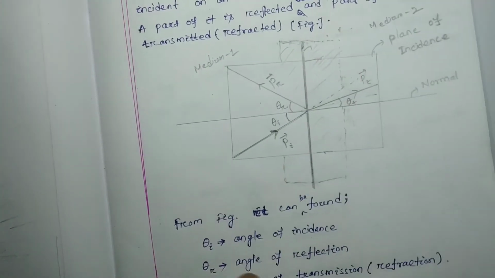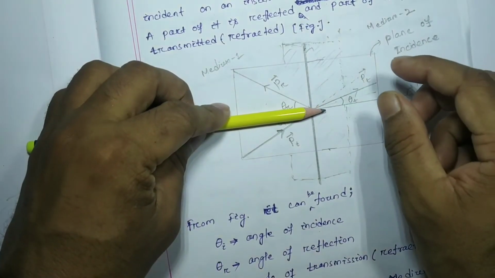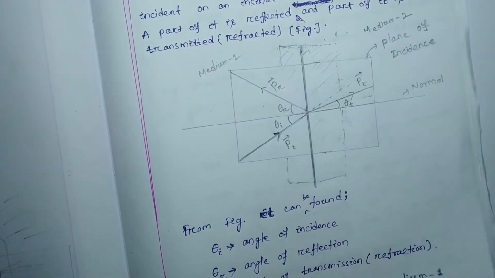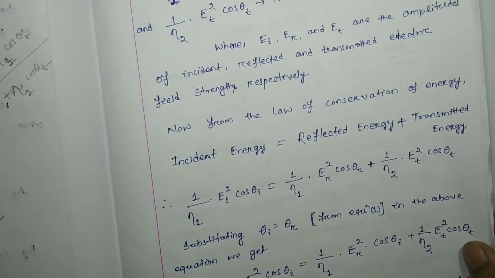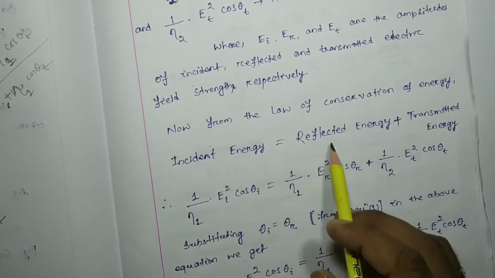However, we are considering the power which is incident normally. Then we can use conservation of power, conservation of energy: the incident energy will be reflected plus transmitted.